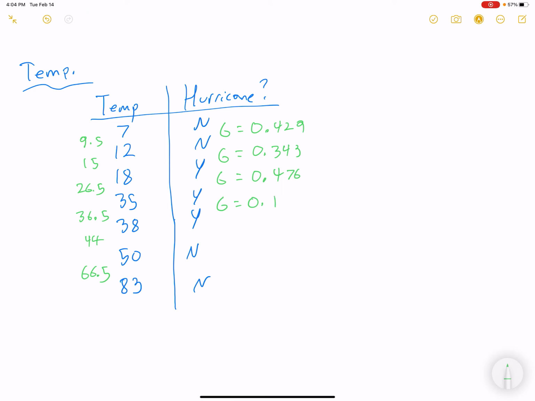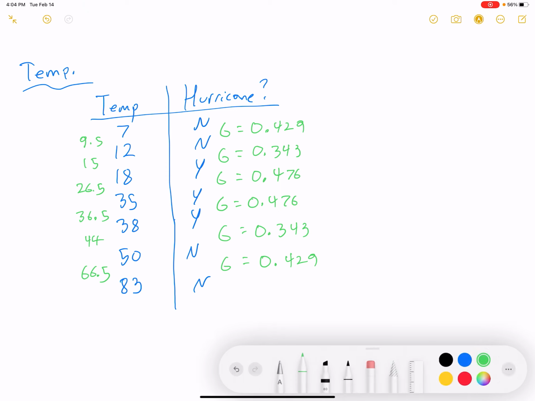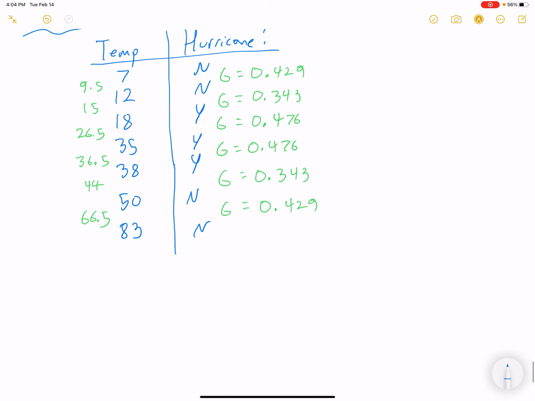And then I'll show you how to do it for the continuous variable case. Obviously, when I say you, I mean the program that you write to create a decision tree. So what we want to do is evaluate the Gini impurity for each of these splits.